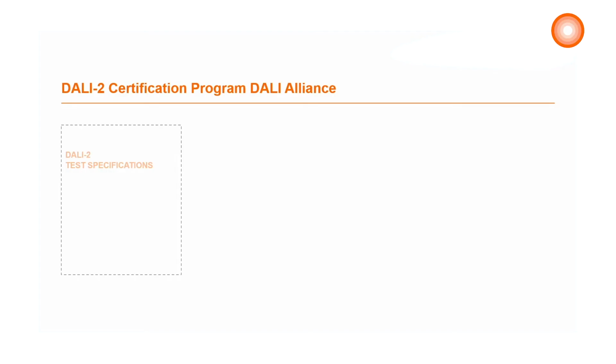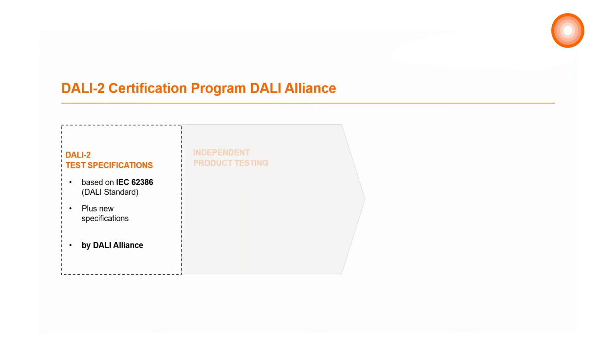What is important for the DALI 2 certification program of the DALI Alliance? Test specifications, which are based on the IEC 62386, the so-called DALI standard, plus additional new specifications defined by the DALI Alliance. Further, important is the independent product testing.